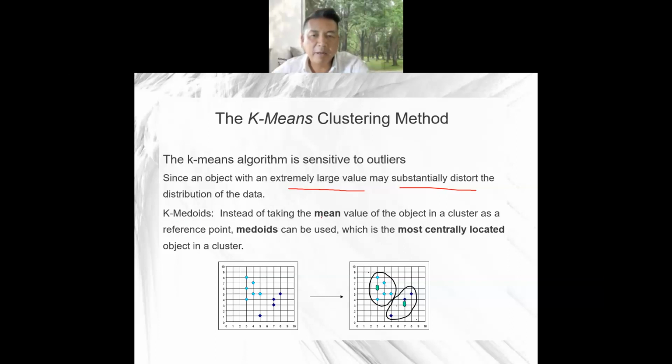Instead of taking the mean value of the objects in the cluster, we look at the medoid, which is the most centrally located object in the cluster. For example, if we have these two clusters, we look at the medoids. But this still needs us to tell what K is.